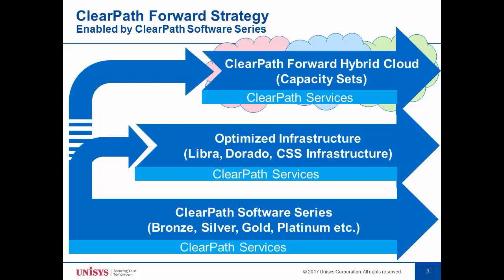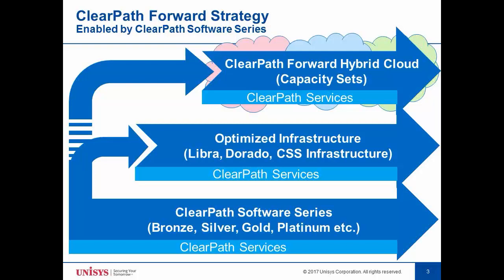And we knew at the time that we were going to be heading to cloud environments in the future. So now the ClearPath Software Series at the bottom now underpins both what we call our optimized infrastructure strategy as well as where we are heading in the future, which is absolutely ClearPath Forward hybrid cloud environments.